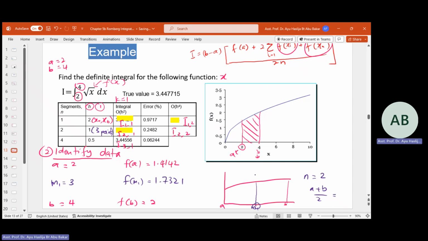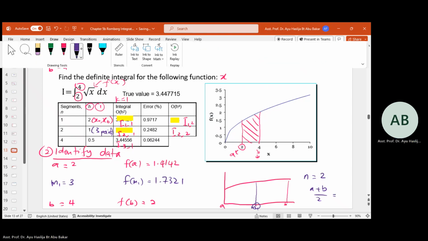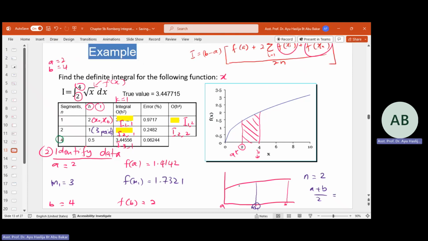Okay, now n equals 4. So you will have 4 segments. We have identified the M1. Now M2, midpoint number 2, and M3. What is your M2?